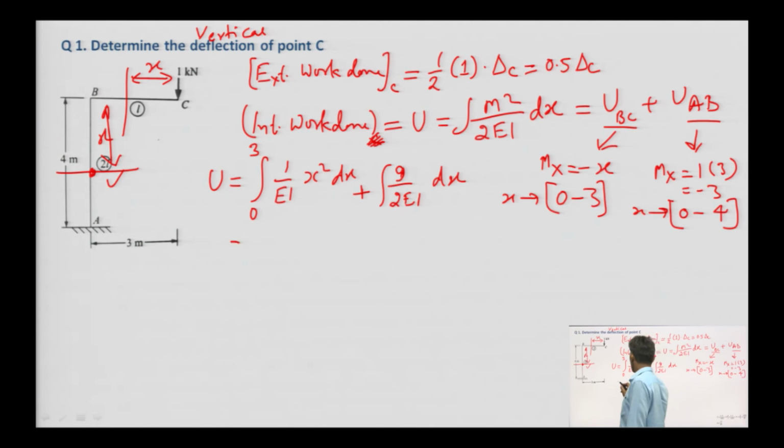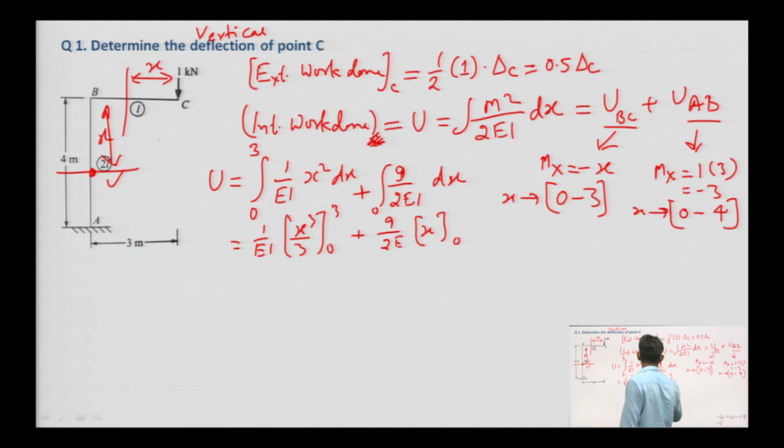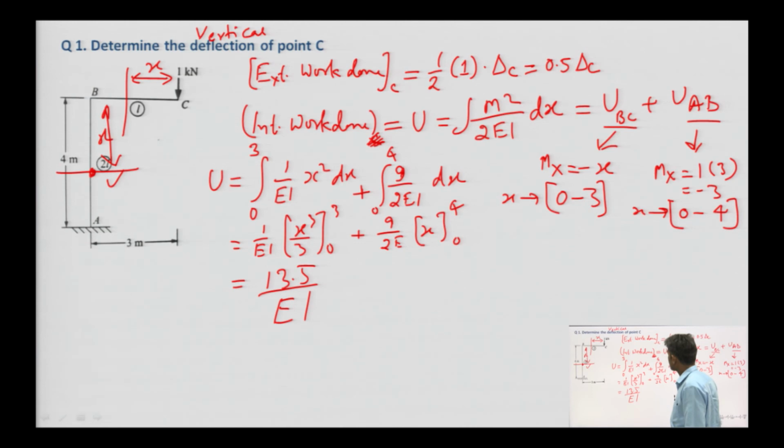So, calculate: 1 upon EI into x cube by 3, limit 0 to 3, plus 9 upon 2EI into x, limit 0 to 4. This will be 13.5 by EI. What is the next step?